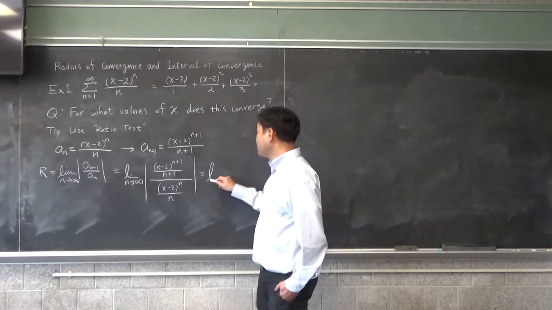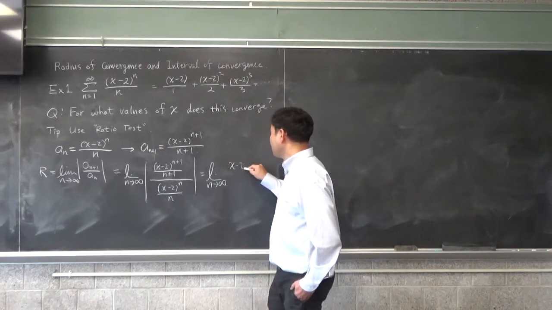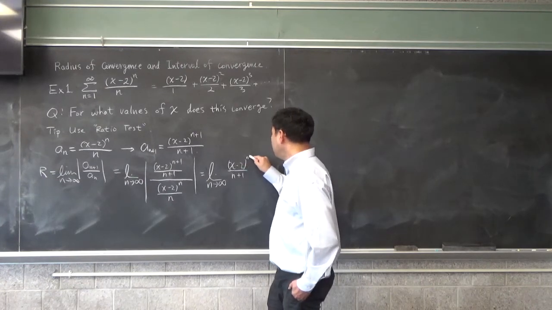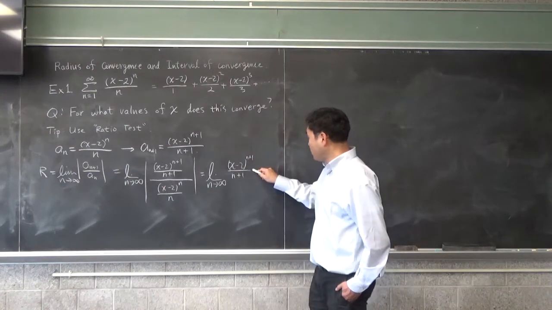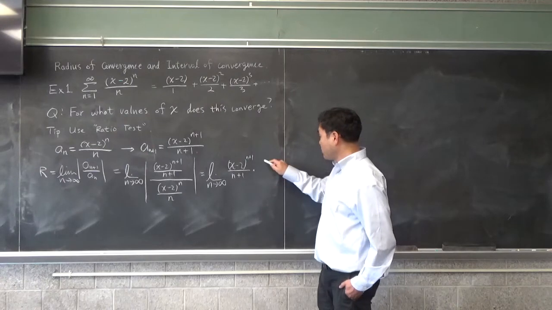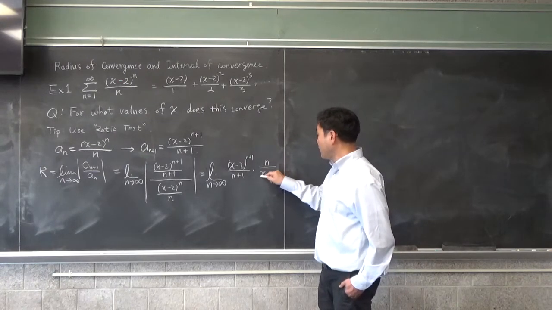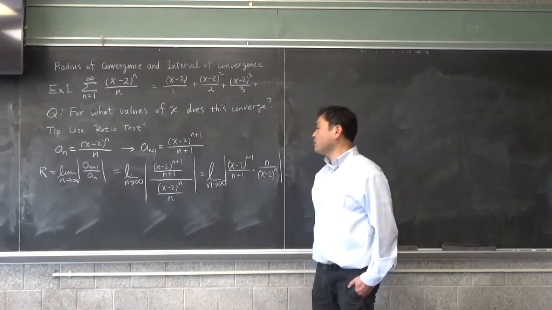Keep, change, flip. Keep the top unchanged, but then you change the division to multiplication. You flip the fraction in the denominator, so it'd be n over x minus 2 to the nth power. You still need the absolute value.